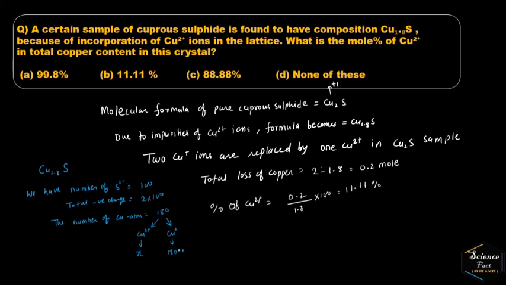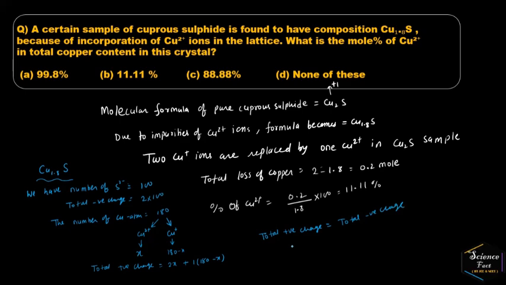Of course, the total positive charge should be equal to what? 2x plus 1 into (180 minus x). And since Cu1.8S is wholly neutral, the total positive charge should be equal to the total negative charge.